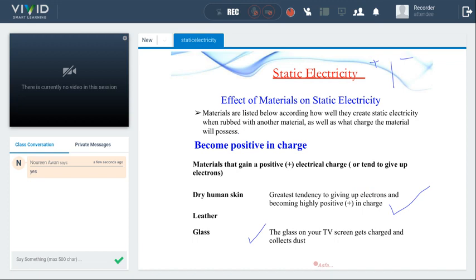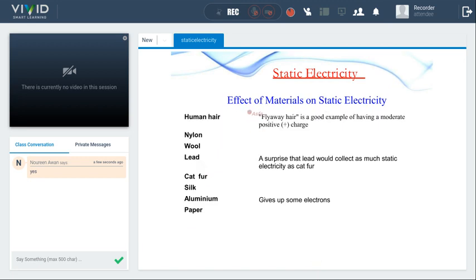Here are some examples of positive charge. On the effect of materials on static electricity: human hair, nylon, wool, lead, fur, silk, aluminium, and paper.